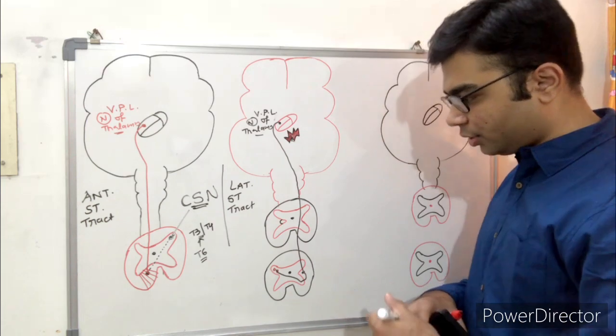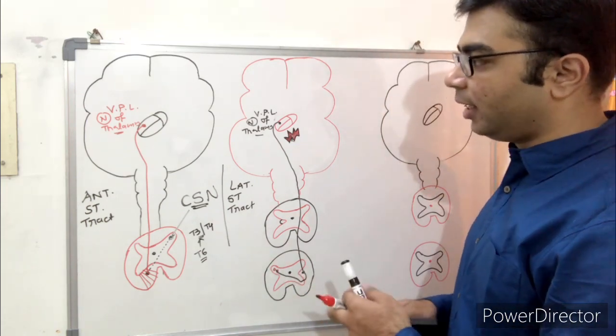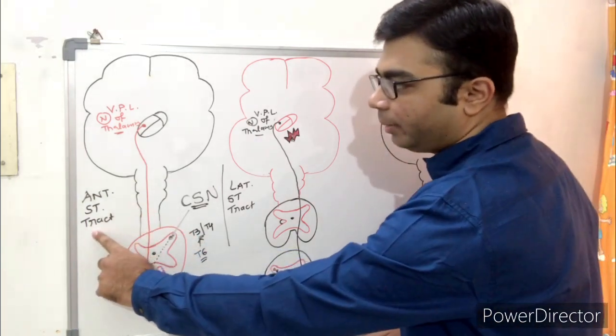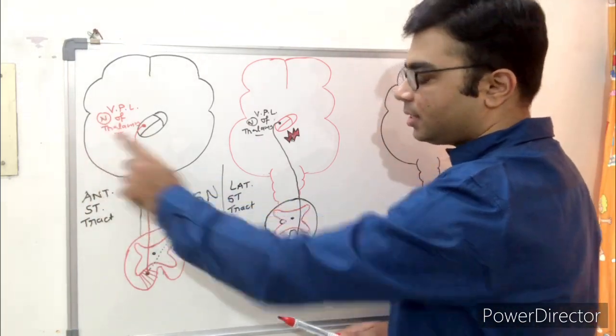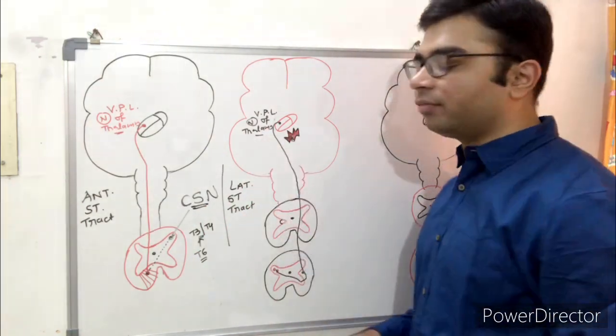Now you focus on one thing, that these are the tracts. Both tracts are ending at the same level: the anterior spinothalamic tract ending into the VPL nucleus and the lateral spinothalamic tract also ending into the VPL of the thalamus.